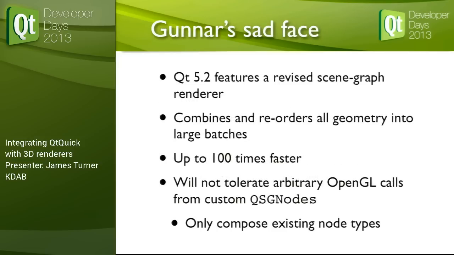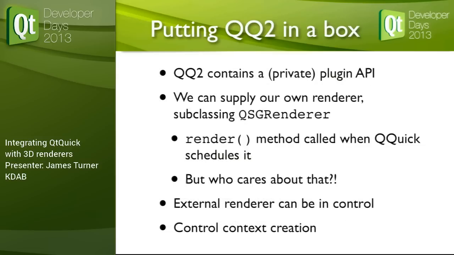So instead, we need to think what else we could do. There are some more private APIs. Actually, QtQuick 2 has a private plugin API, with lots of fun things in here. And we can supply our own renderer, which is a subclass of QSGRenderer. Essentially, it gets passed the entire QSceneGraph scene, all those SG nodes, and is told to draw them.